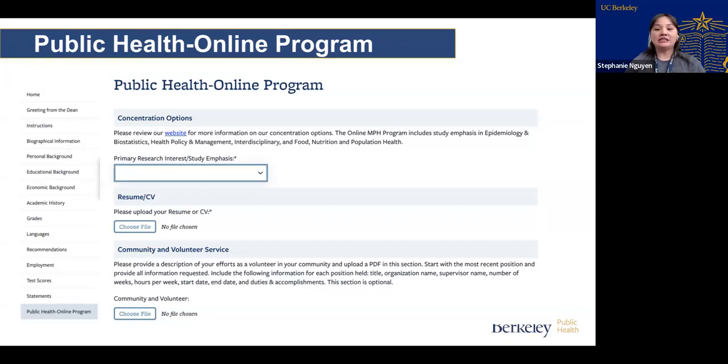The community and volunteer service is really great for someone who has done anything relevant to public service. So if you've volunteered or have any type of internships or things that you feel are relevant for us to see, you can put it under the section here. Just know that it is open-ended.